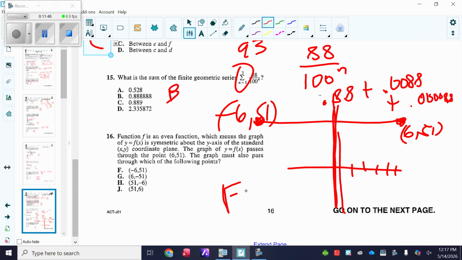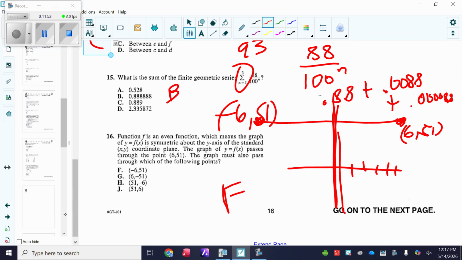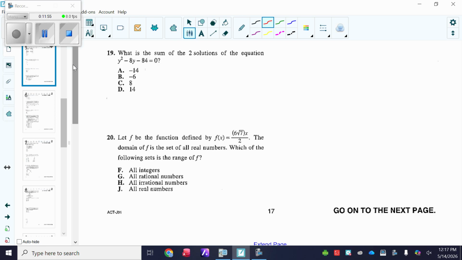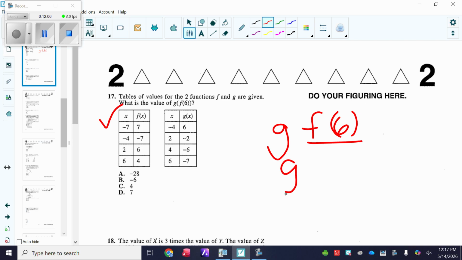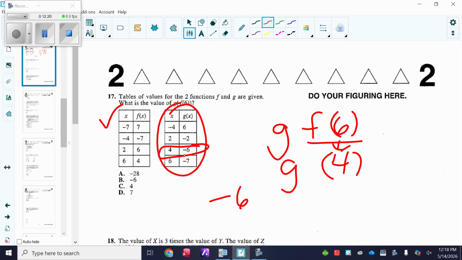Answer choice F. G of f of 6 means plug 6 into the f function and you get 4 for the answer. 6 is the entry, 4 is the output. Now what's g of 4? You plug in 4 into this side and get negative 6 as the answer, B for number 17.